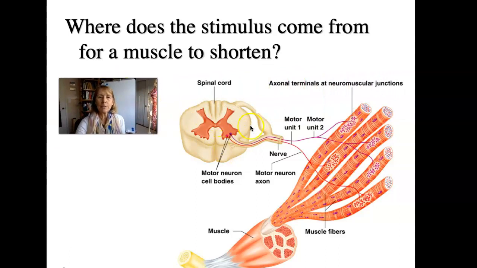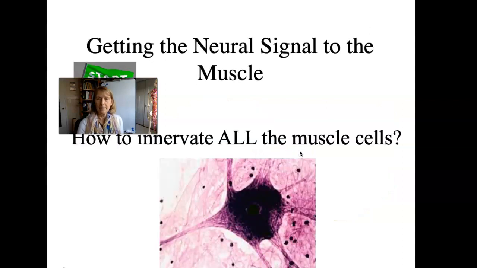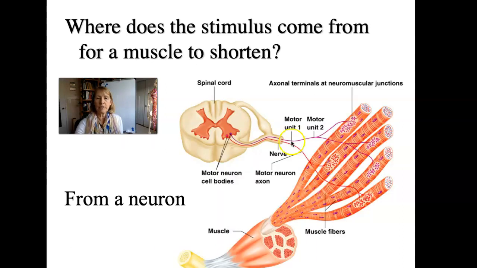Okay, so if you were to take a slice, a cross-section of the spinal cord, and you looked at these exiting neurons, let's follow one of them, the red one. Look what happens to this motor neuron. This motor neuron is moving on to one cell here, and then it branches and it goes to another one here.